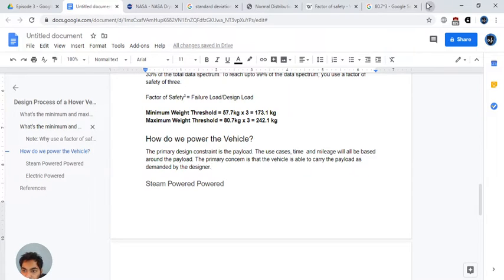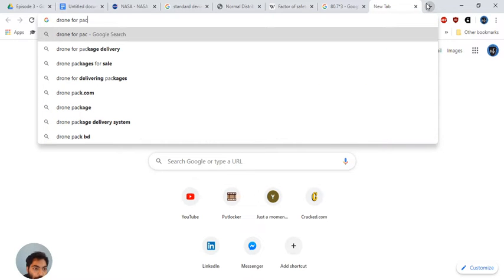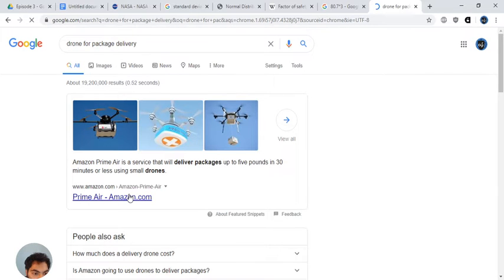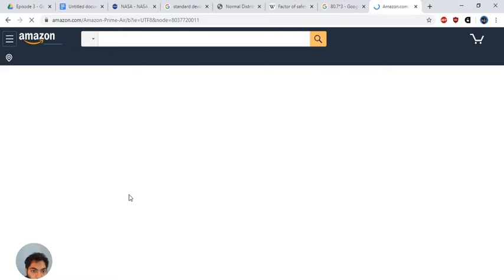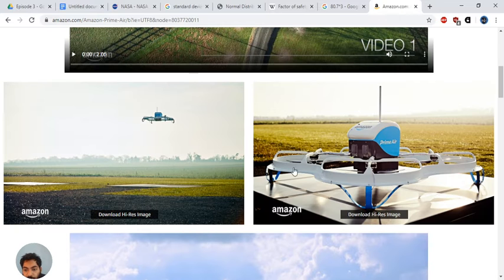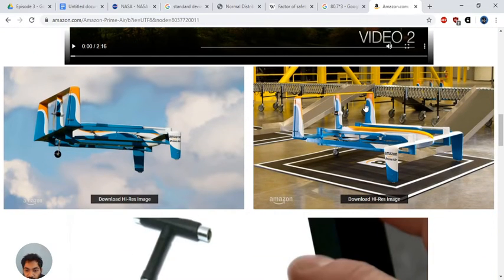You know what a drone is, right? Prime Air, no relation. They made this vehicle, but only for packages, with a certain weight limit that they can carry.